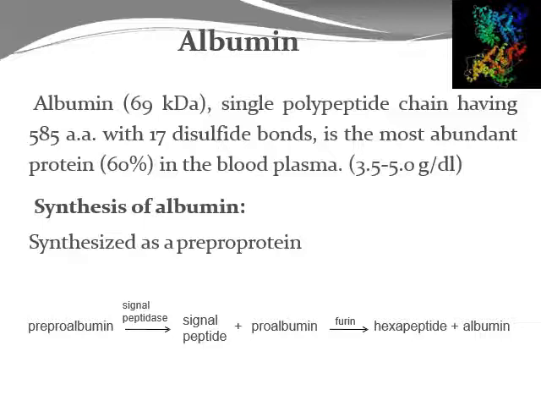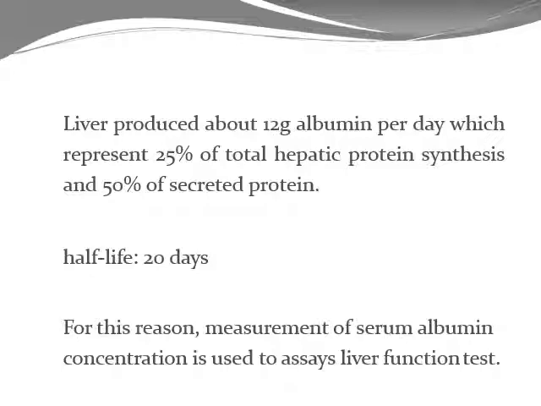They are synthesized from pre-proalbumin into a single peptide and then ultimately into our albumin here. The major portion of the albumin is produced by the liver. To be precise, 12 grams of albumin are produced by the liver per day. The half-life of albumin is 20 days.